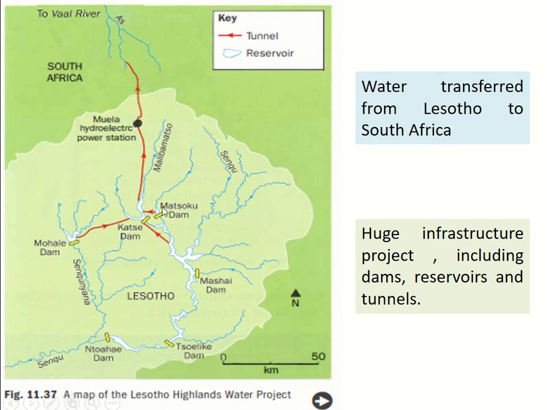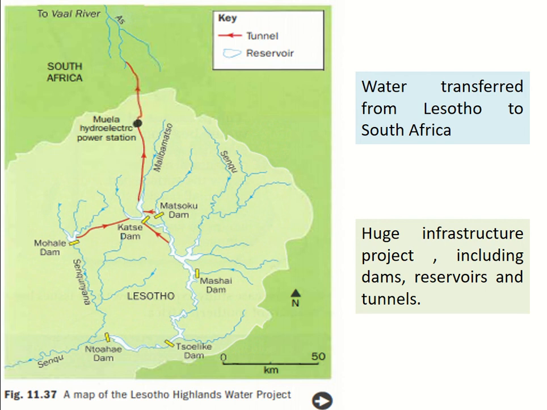You can also see where dams have been built to block the natural flow of the rivers, which have enabled those reservoirs to then occur, which allow that water transfer to happen. And so on paper, this scheme was a really, really good idea because the infrastructure development for Lesotho was very, very good, and South Africa would get water.